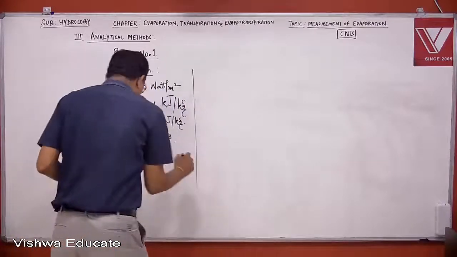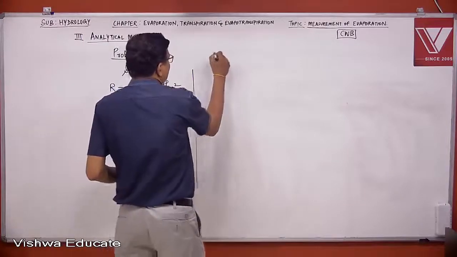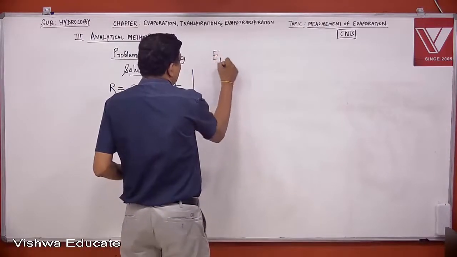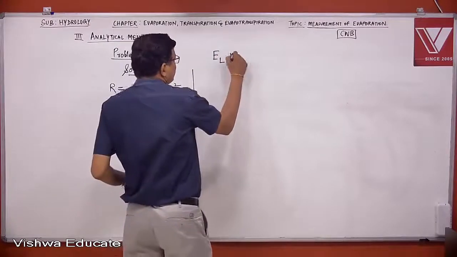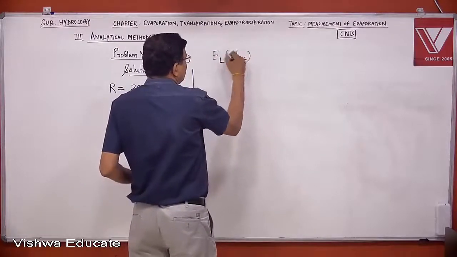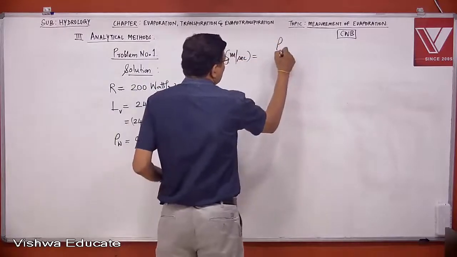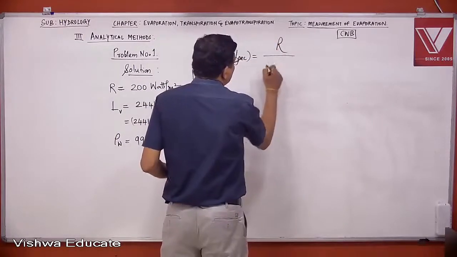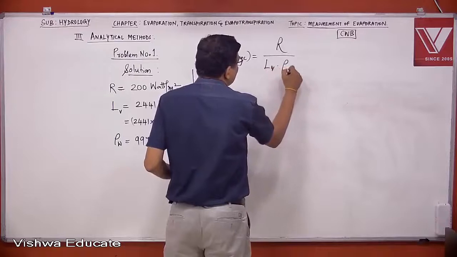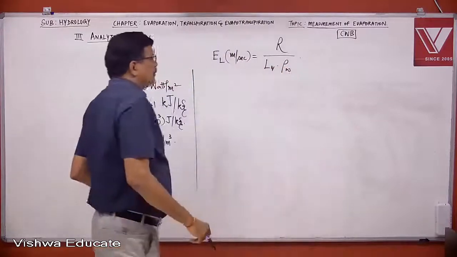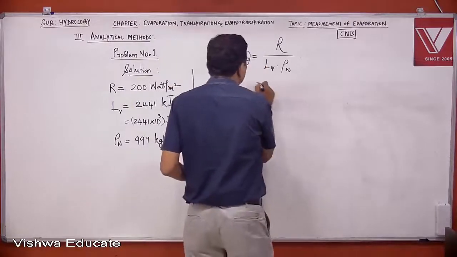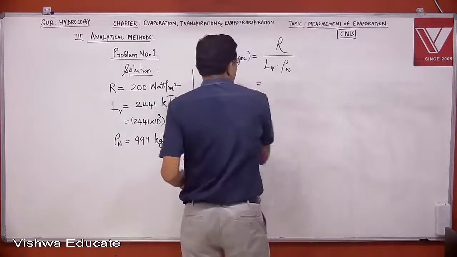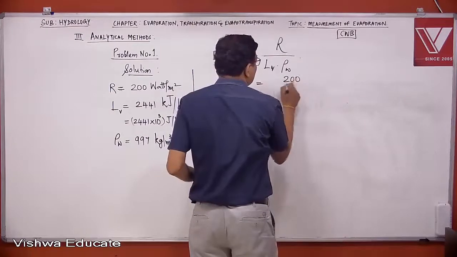So with this data, let us now find out the evaporation loss rate in millimeters per day. But this is in meters per second. That is, this is R divided by LV into rho W. That's the formula that we have. If you substitute, this will give you 200 in appropriate units.